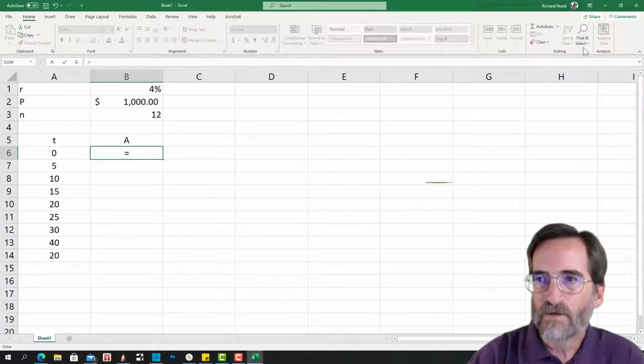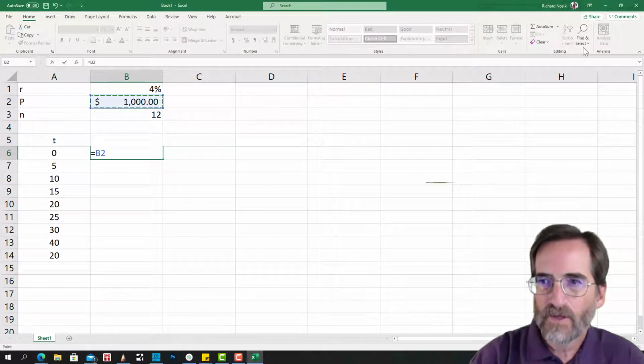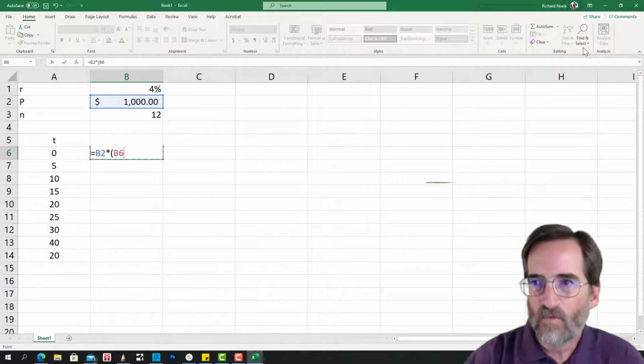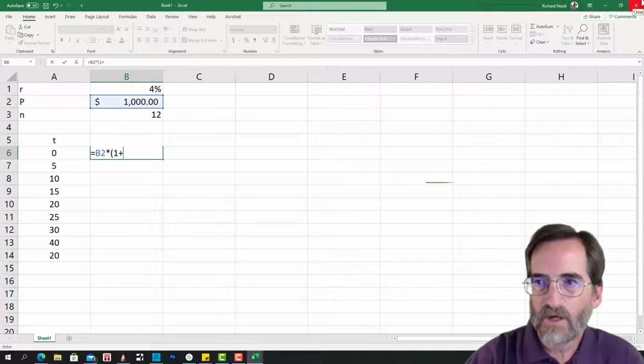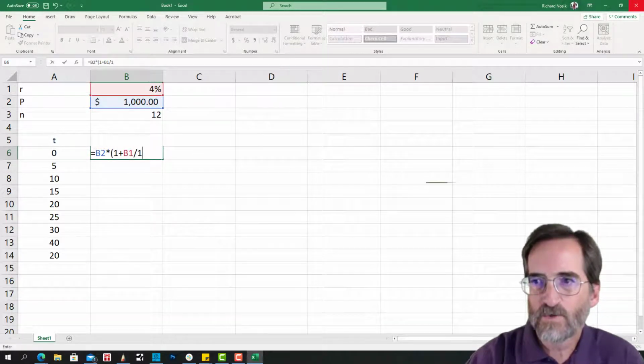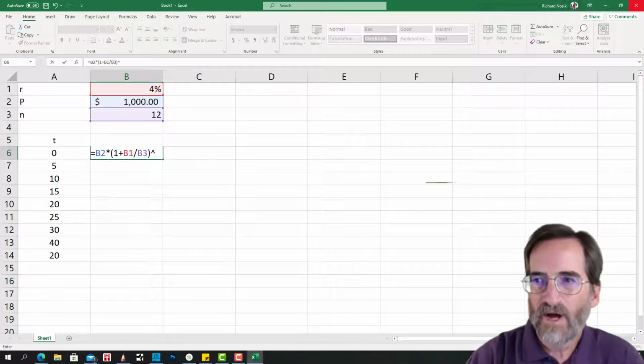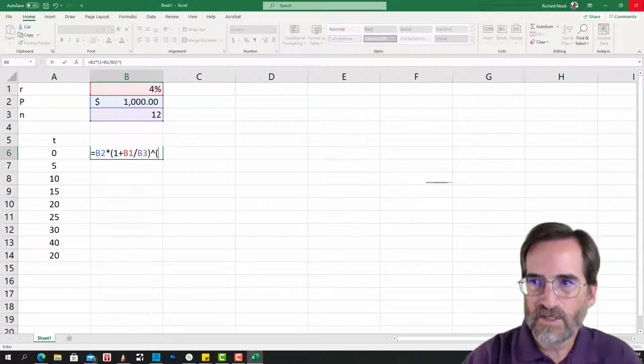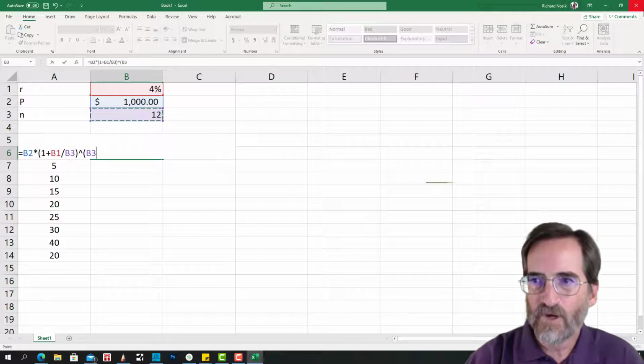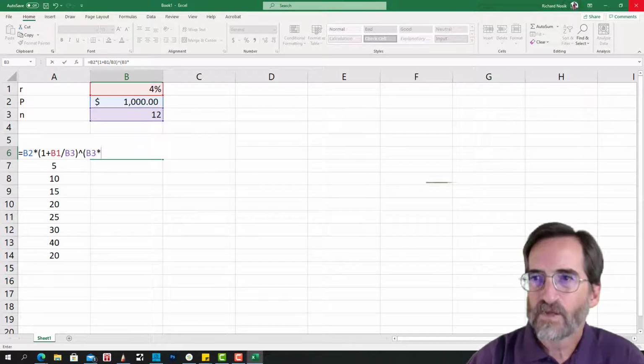So the amount is the principal times 1 plus the interest rate divided by the compounding periods, to the power of, that's shift 6, and then open parentheses, because this is all the exponent, the number of compounding periods times the time.